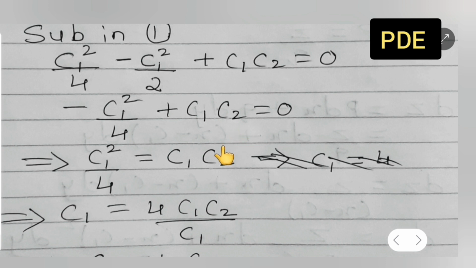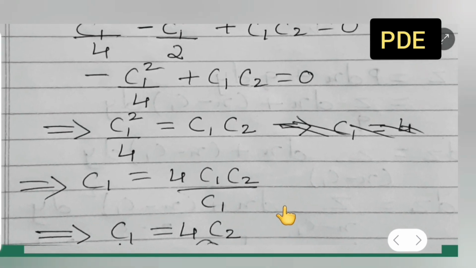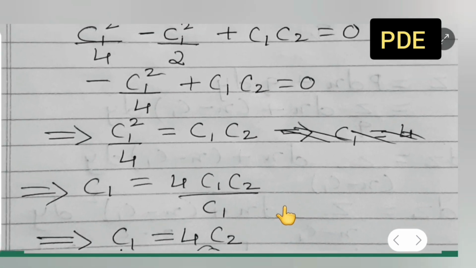So now what is left? c1 is equal to 4 c1 c2 upon c1, plug the c1 in over here. Cancel this term, c1 c1. What is left? c1 is equal to 4c2. This implies c1 is equal to 4c2. Write it here.